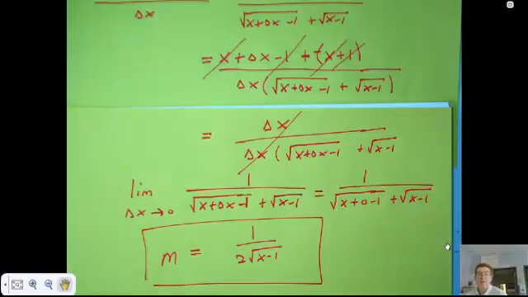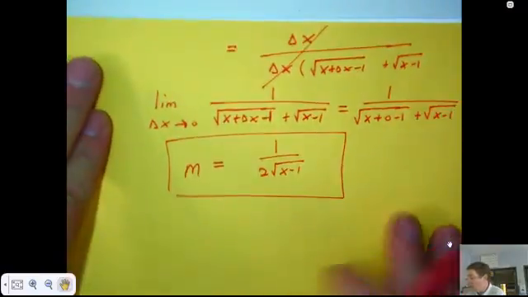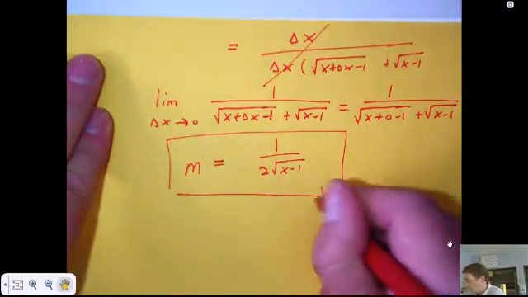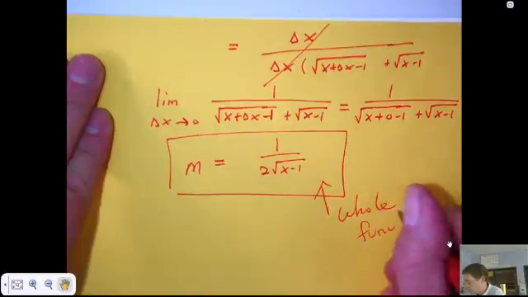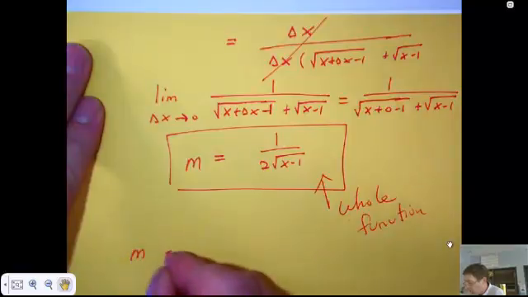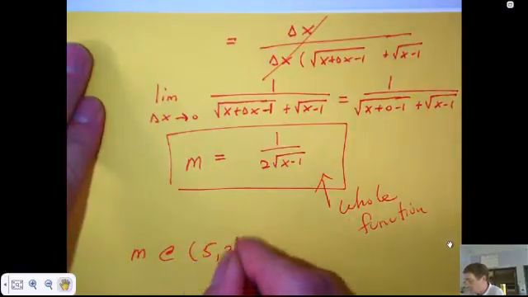Okay, everybody take a look at that and see if you have any questions. Now we need a slope at our point, right? This is the slope for the whole function. So the slope at my point, which was 5, 2, is what?